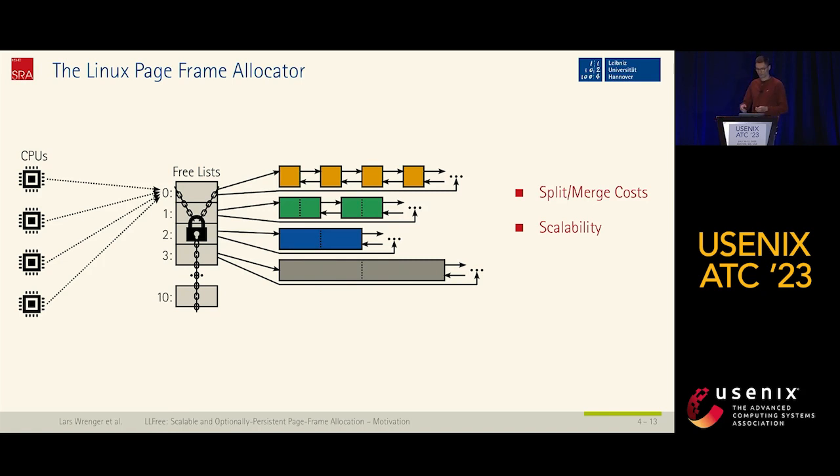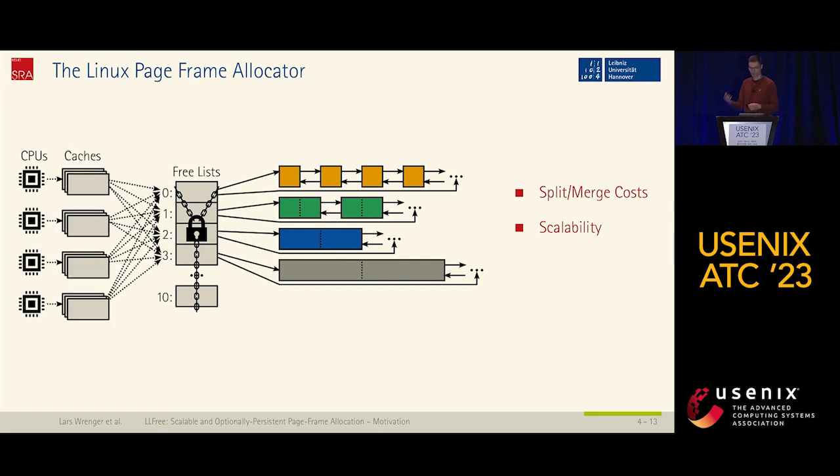And to improve the situation a little bit, Linux uses per-CPU caches that buffer recently freed pages for the next allocations, and they do improve the performance tremendously. But they are also overwhelmed if we have a lot of allocations, for example, and they directly lead to the next problem, and that is fragmentation.